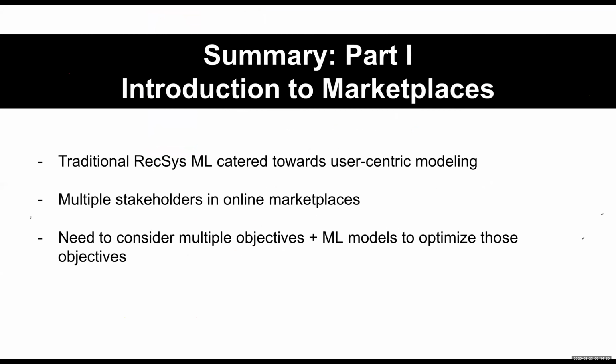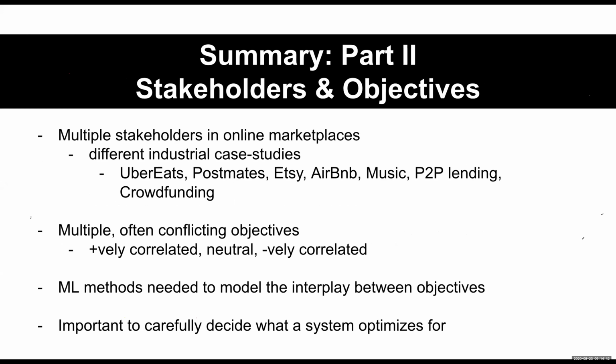So the summary of the first part was that traditional search systems are mostly user-centric, and we should consider multiple objectives, and we should devise ML models to optimize those objectives. In the second part of the tutorial, we looked at seven case studies and at what some of those objectives could be.